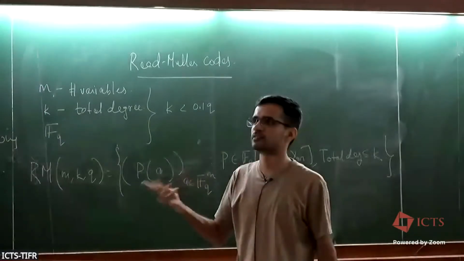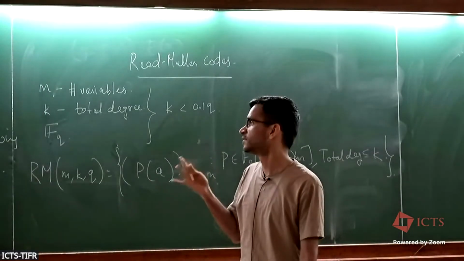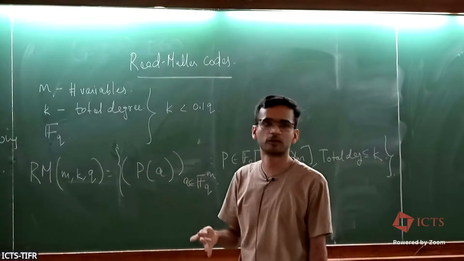Good. I should have said this. Yes, the decoder has to be randomized. So what happens if it was deterministic? Let's take an example. Suppose I wanted to decode the first coordinate of the code word, and there was a deterministic algorithm that was going to do this.